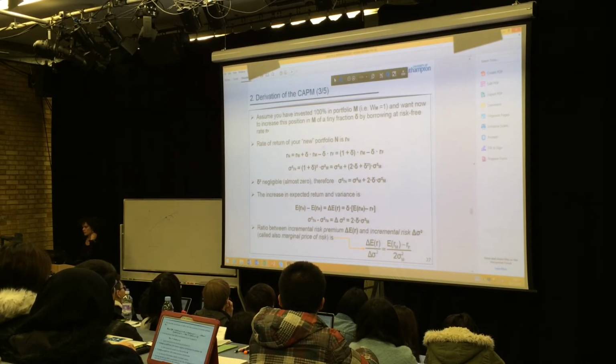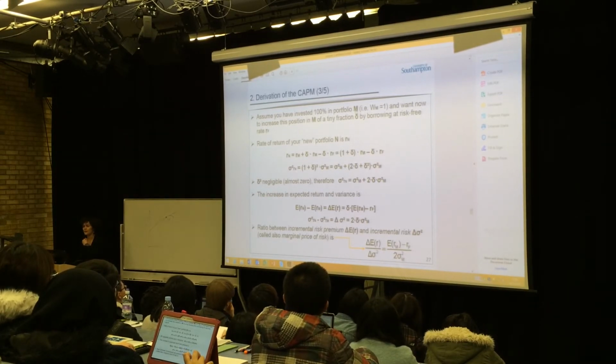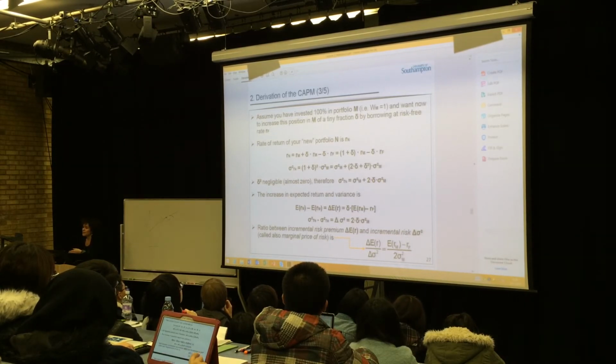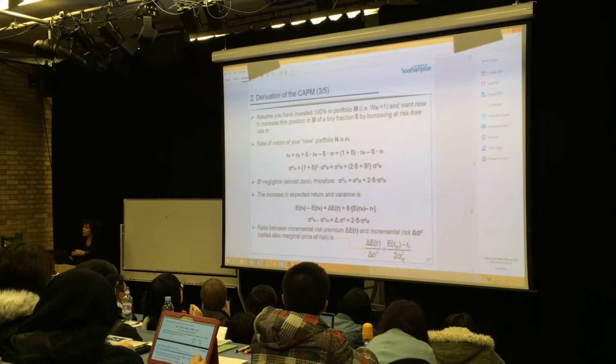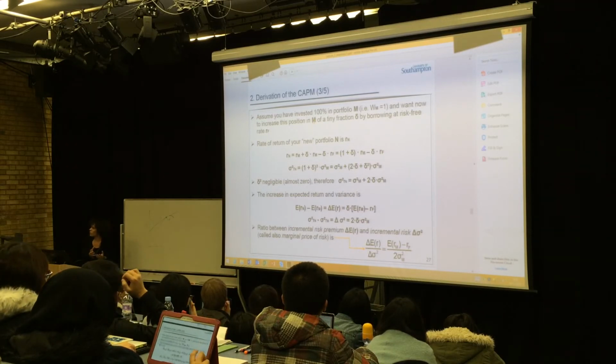So I can have a new portfolio N that is equal to M plus an additional tiny quantity that I invest in M, minus the risk-free asset that I use to borrow. I took a short position in the risk-free asset to collect additional money, to invest more than my equity.